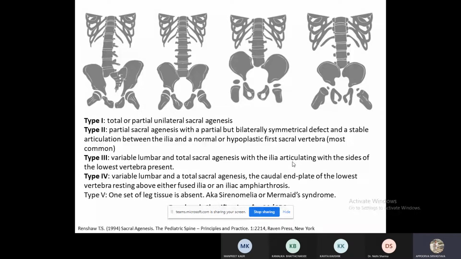Type 5, one set of leg tissue is absent, also known as sirenomelia or mermaid syndrome. It is sometimes considered as a type of caudal regression syndrome. This classification is known as Renshaw's classification for caudal regression syndrome.